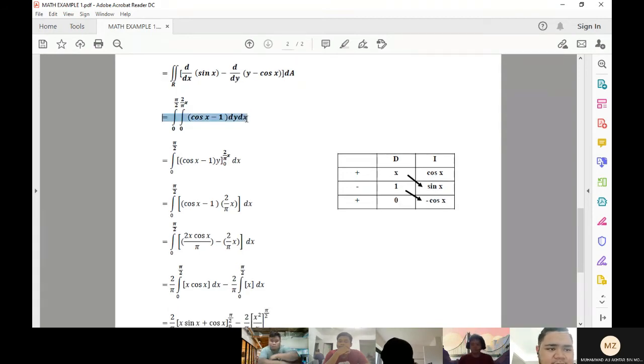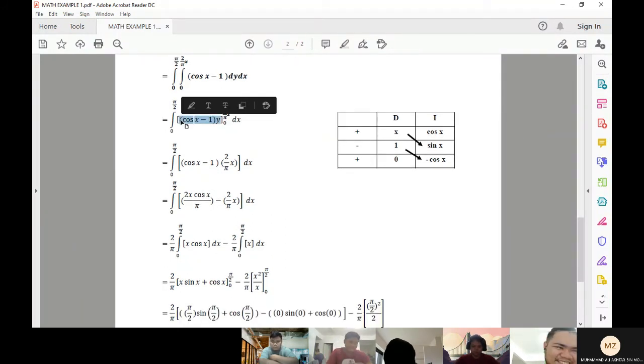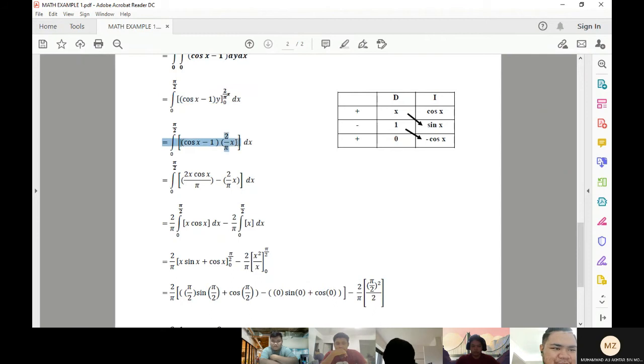Then we can integrate dy to get cos x minus 1 times y. Then we substitute the 2 over pi x into the equation, and we get cos x minus 1 times 2 over pi x.